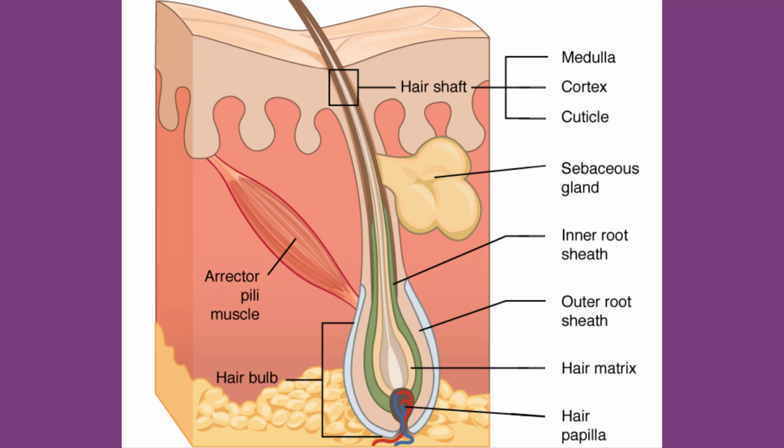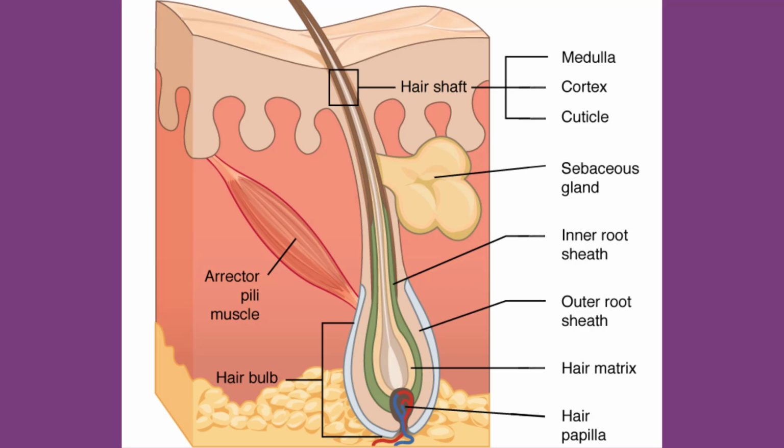The primary purpose for this is to trap a layer of air to add insulation, and this is visible in humans as goosebumps and even more obvious in animals, such as when a frightened cat raises its fur. Of course, this is much more obvious in organisms with a heavier coat than most humans, such as dogs and cats and some other animals.